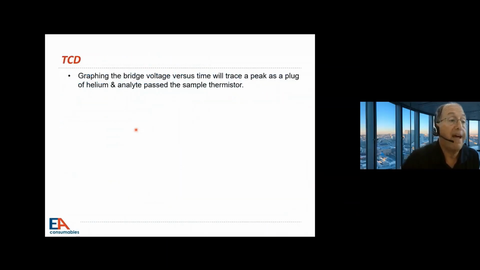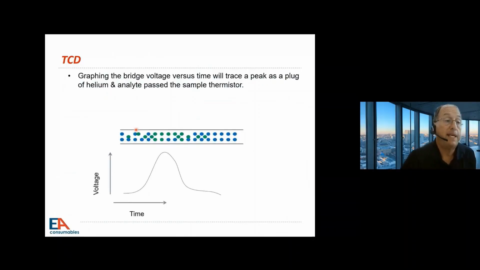So if we graph the bridge voltage versus time, we will trace a peak as a plug of helium and analyte passes the thermistor. So again, we're showing here the flow of analyte and gas, indicating the blue dots as the carrier gas and the green dots as, let's say, N2. So as the N2 starts mixing in, the bridge will come out of balance and we'll measure a voltage.